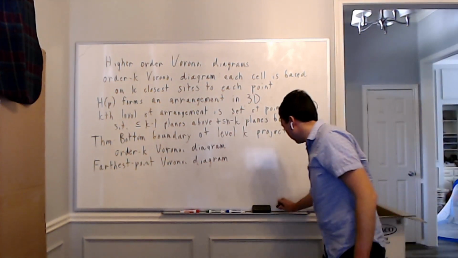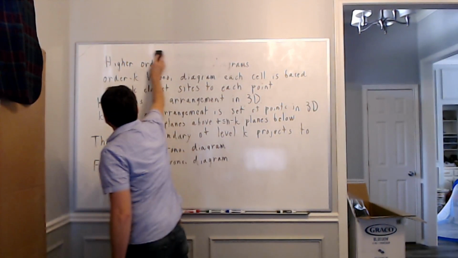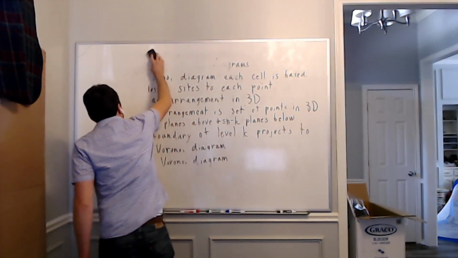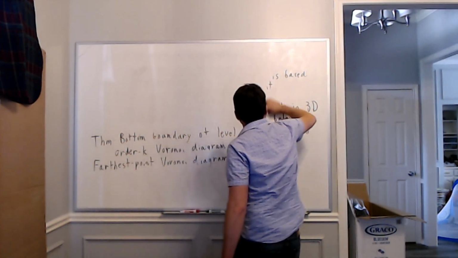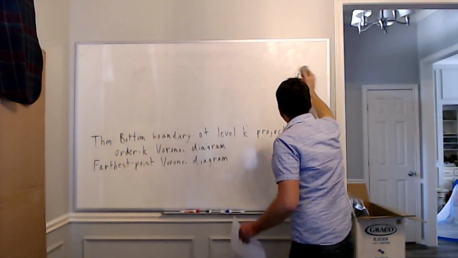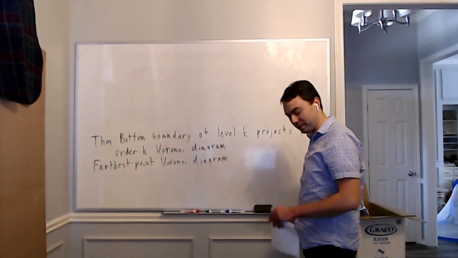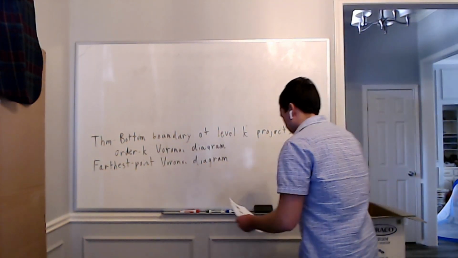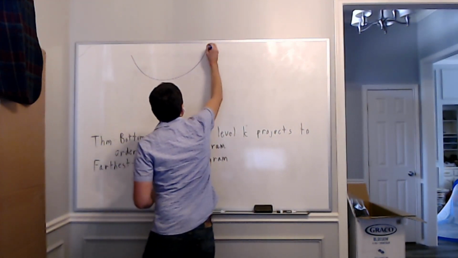And yes, I can give you a figure. Let's see. So I'm going to do a figure for the K-order Voronoi diagram theorem. So we're using blue for our parabola.